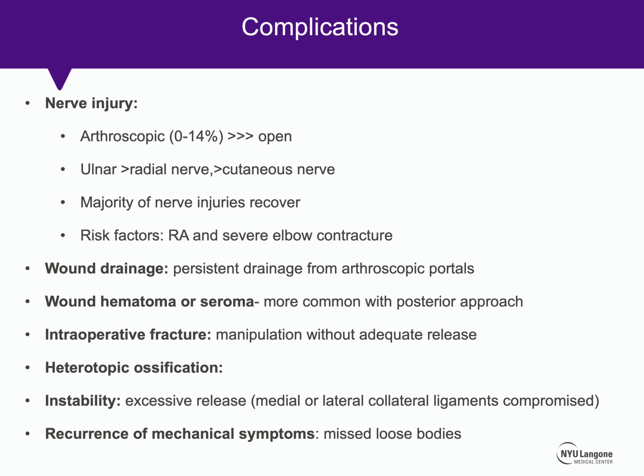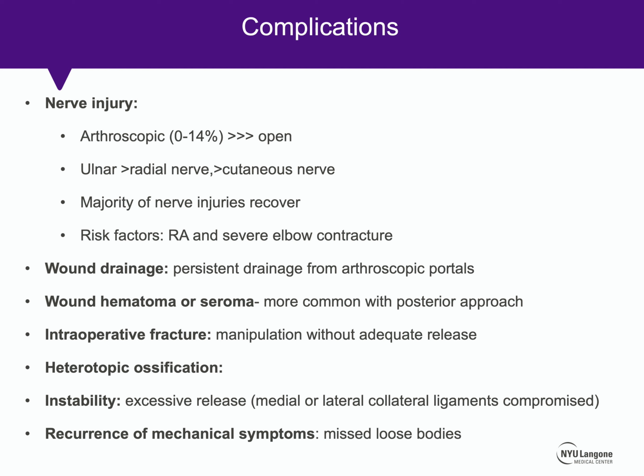During the medial approach, if inadvertently you release the anterior band of the UCL, or when you're doing a lateral approach and you're not respecting the tissue planes and you release the LUCL, they both will result in instability and stiffness, which is the worst thing to have. And then recurrence of mechanical symptoms if you miss loose bodies.